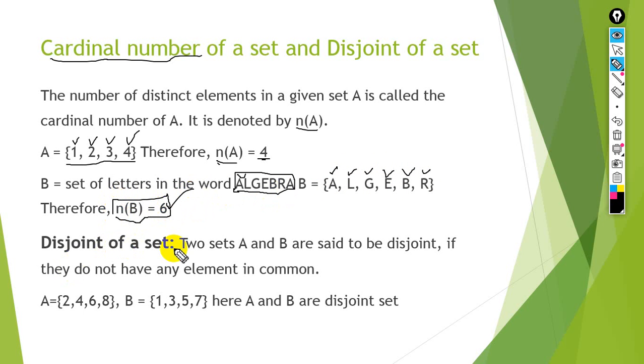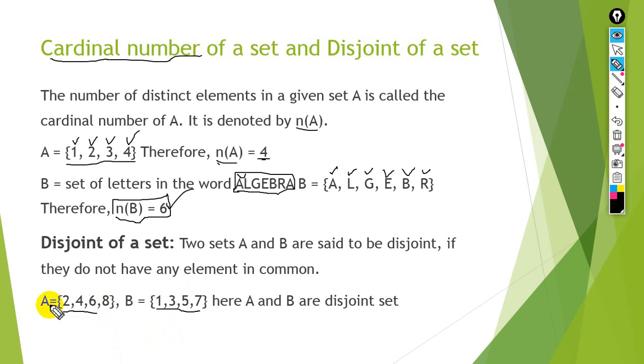Next, disjoint sets. Two sets A and B are said to be disjoint if they do not have any element in common. For example, if we have two sets, set A and set B, and there is no common element between these two sets, then we can say that these two sets are disjoint sets. So A is a disjoint set of B and B is a disjoint set of A. Look at this.